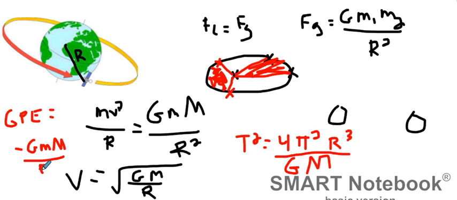And remember, the only true place for gravitational potential energy to be zero is infinitely far away. So if I put a 0 in for my radius here, I'm infinitely far away from my planet. That's where gravitational potential energy is going to be 0.